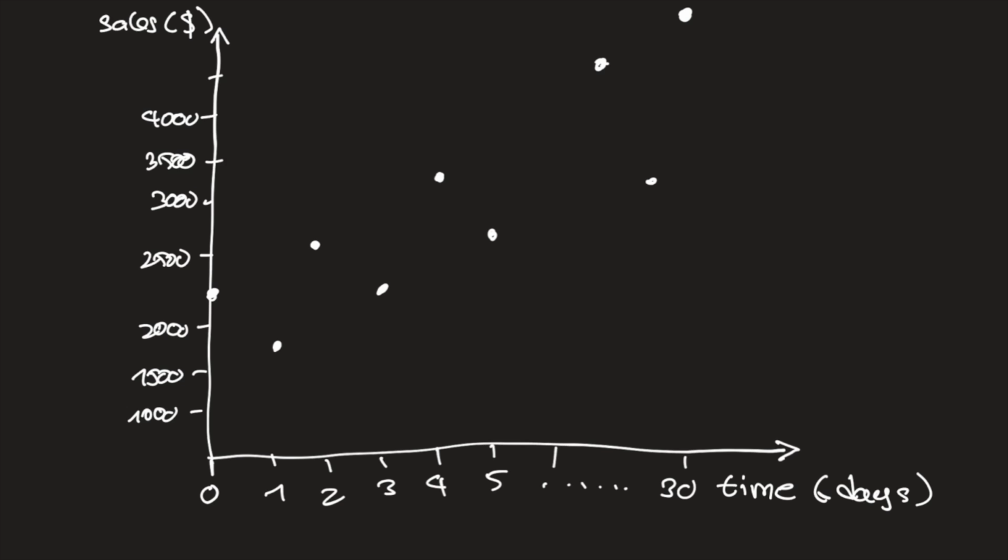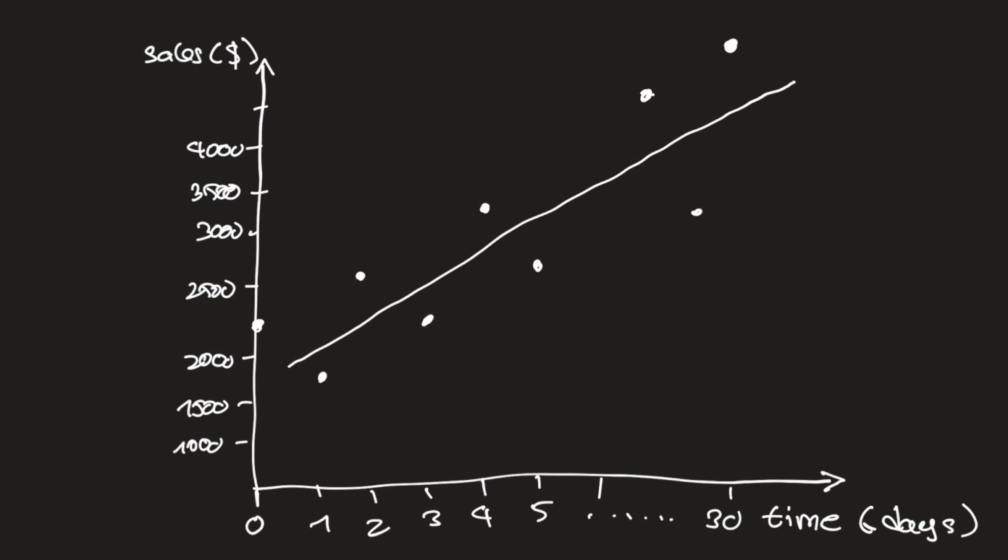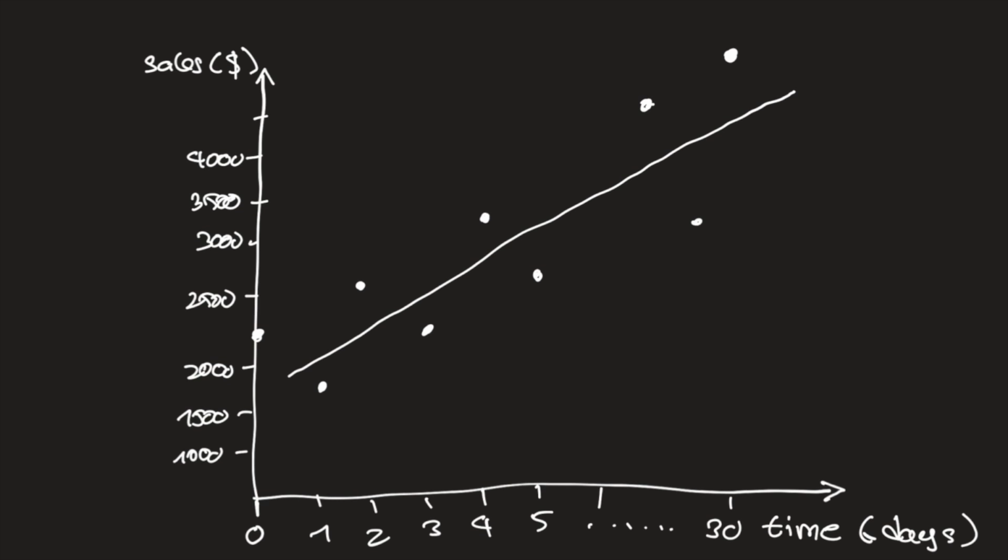Well, I'm not going into the mathematical details of how you do this, but what you're searching for is a line like this one, where you calculate the distance between the sales that you had and the line.